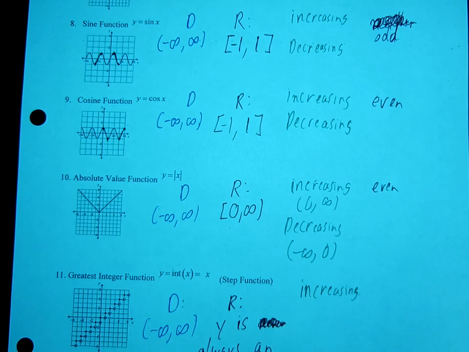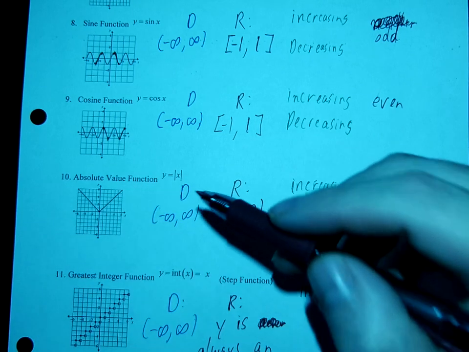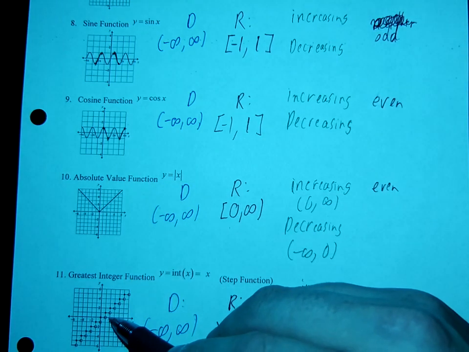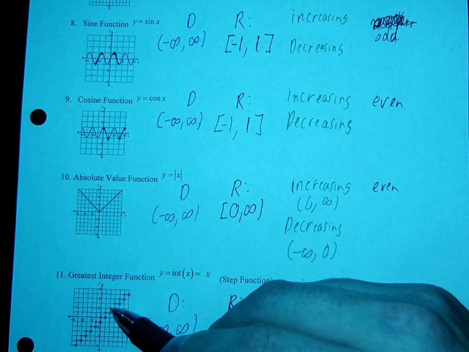Alright, so the greatest integer function, even versus odd. So again, what we're looking at here is, can you put in a negative x for that, and it will be the opposite? Can the negative be brought into the front? And the answer to that question is, in fact, a yes. Because for example, if x was 2, y would be 2.